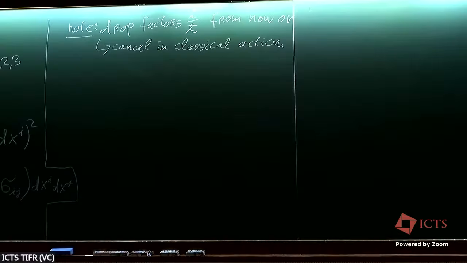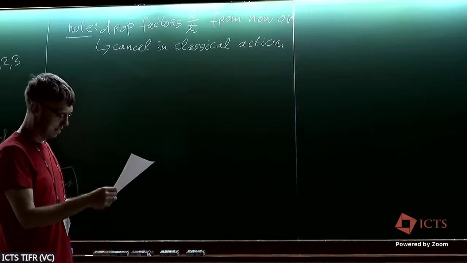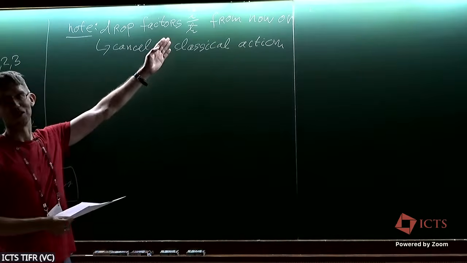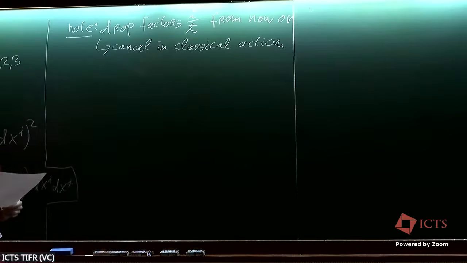So if we take, in the end, the classical limit, all the h bar and i factors will go away. So we can just ignore them instead of carrying them around in the propagators and the vertices and so on. Although one could, of course, keep them if one wants to check that one did the algebra correctly.